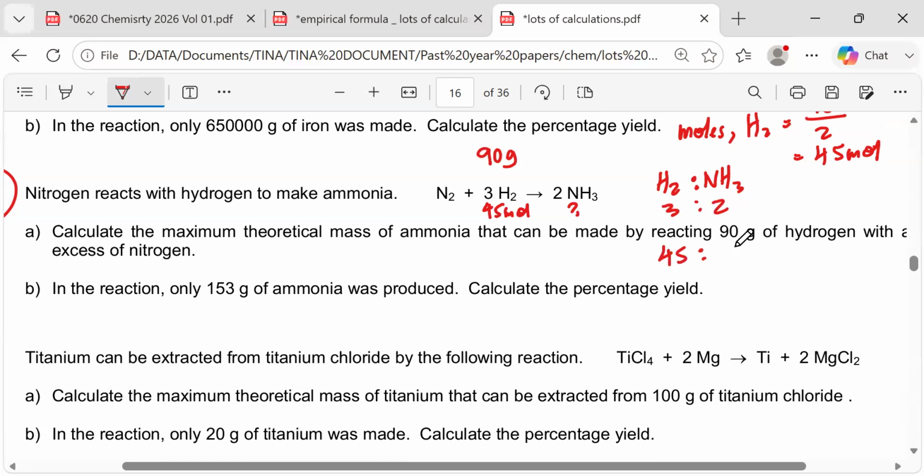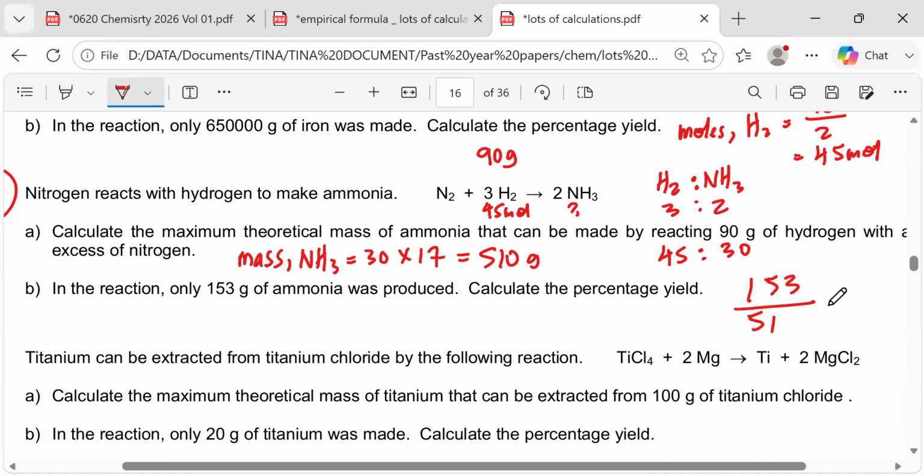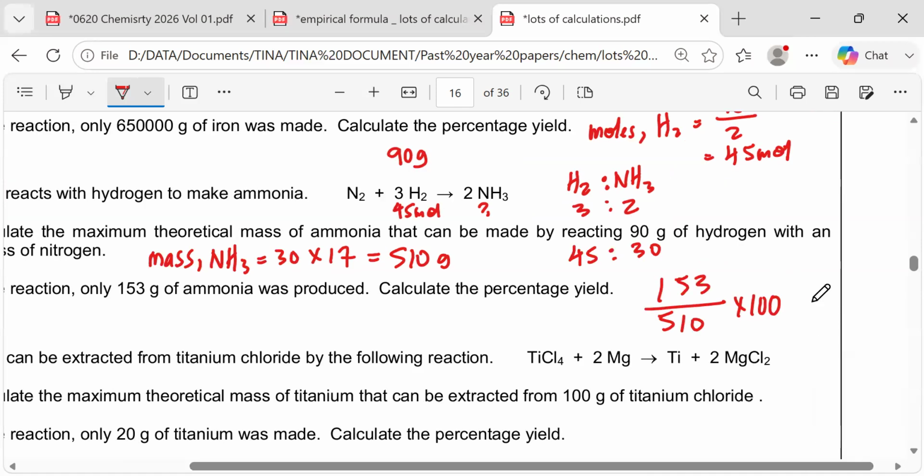This one should be... okay, so the mass is 30 multiplied by 17, because ammonia is... sorry, 510. So your percentage yield is 153 over 510 times 100, which is 30%.